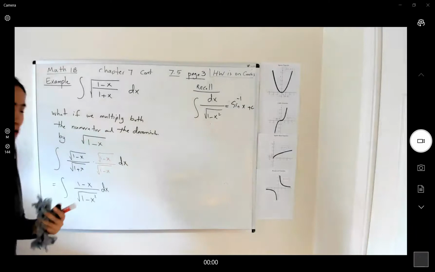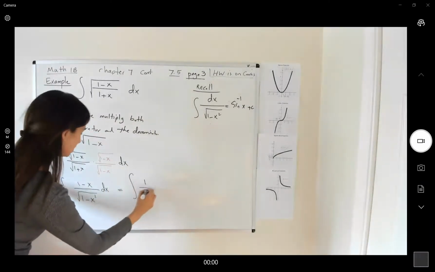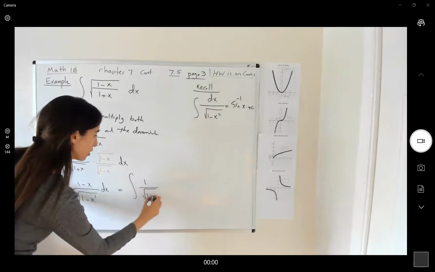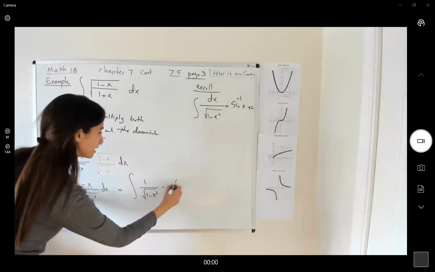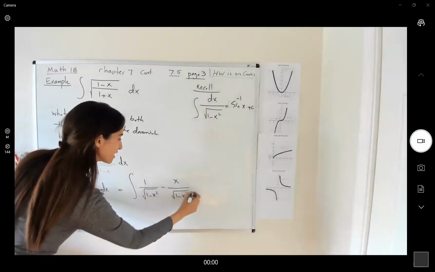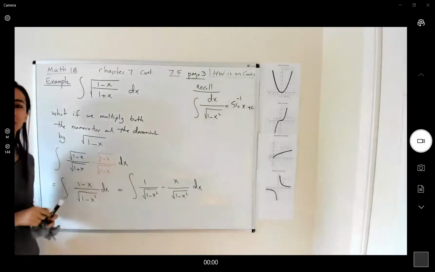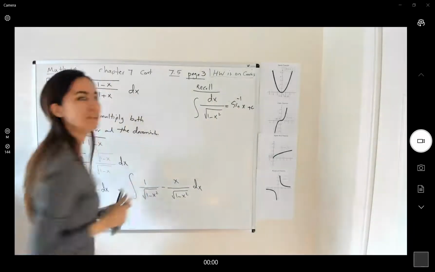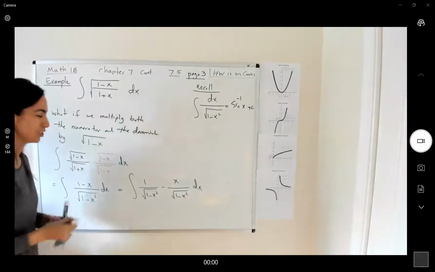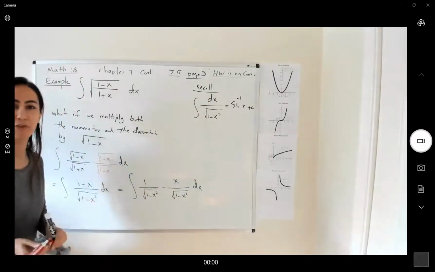So what I'm going to do, I'm going to rewrite this as the integral of 1 divided by the square root of 1 minus x squared, minus x divided by the square root of 1 minus x squared, dx. I already know this first integral is inverse sine, using the formula that I learned before.